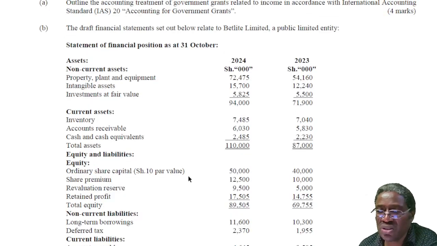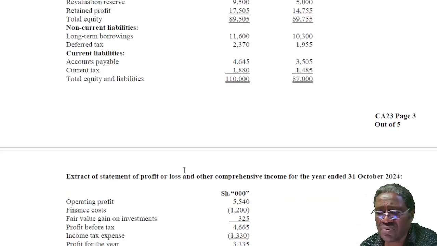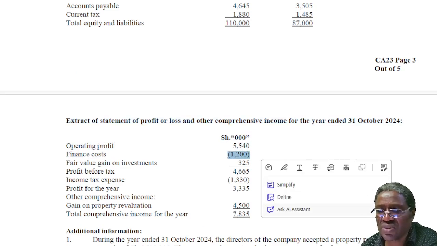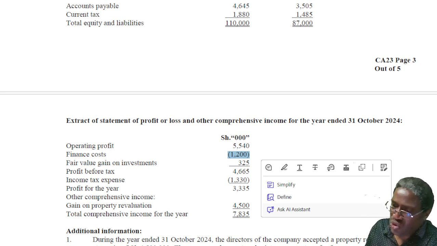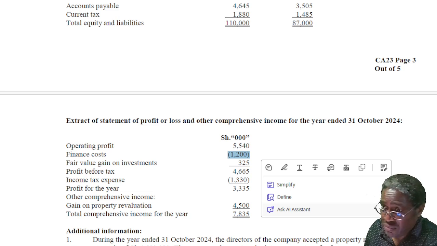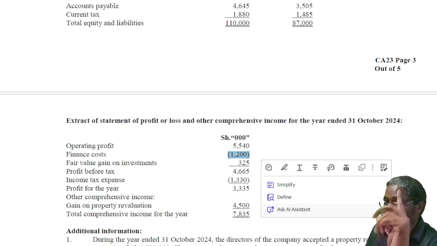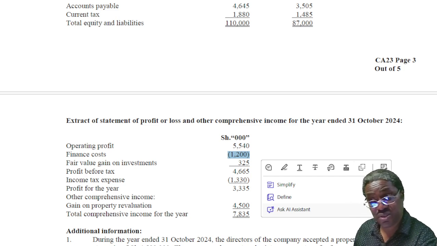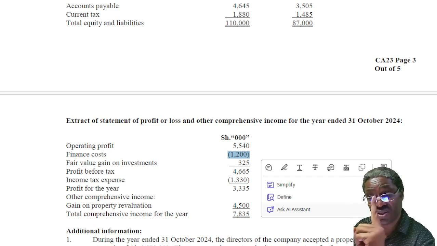I told you in the income statement, you can see this figure called finance cost. Finance cost is automatically part of interest. That time, I told you it was considered a non-cash item. I also told you it is something that you may have paid or you may not have paid in terms of interest.